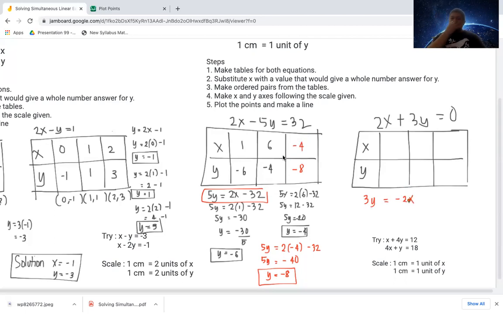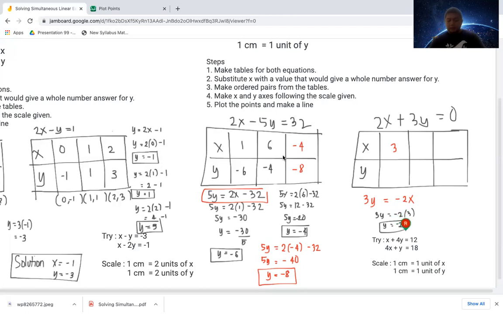All right, so you're going to think, what should I substitute to the x so that the answer can be divisible by 3? Let's say I want to make it negative 6. So I will substitute 3 here. So if I substitute 3, this is going to give me a calculation of 3y is equivalent to negative 2 times 3. So y is equivalent to negative 2.